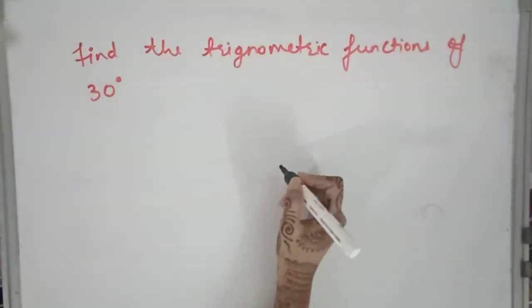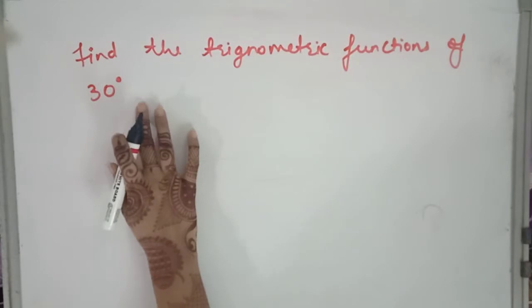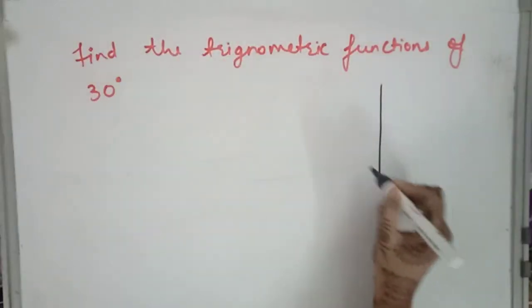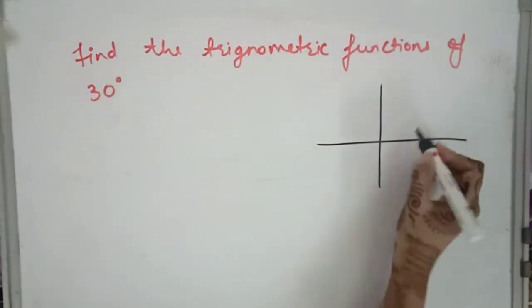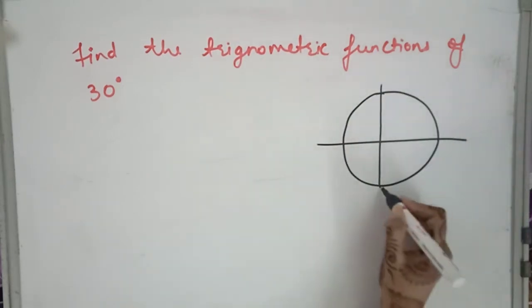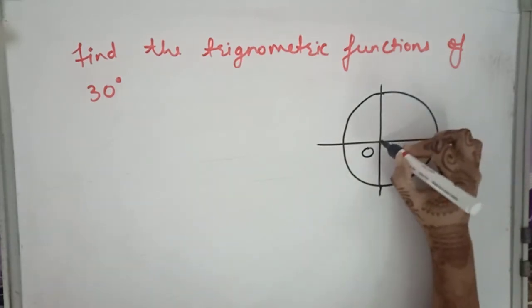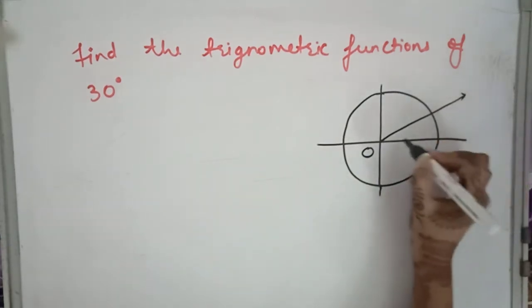Now, let's see how to find the trigonometric function of 30 degrees. Suppose we draw a coordinate axis and a circle on the coordinate axis with the origin O. This is our angle, 30 degrees.